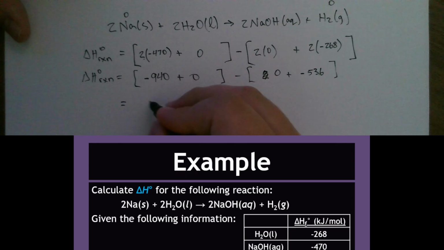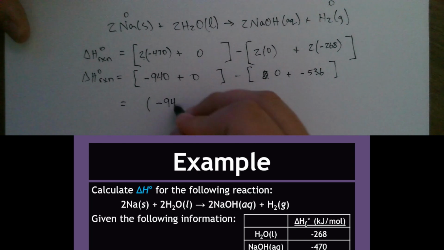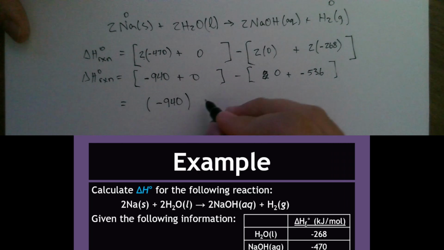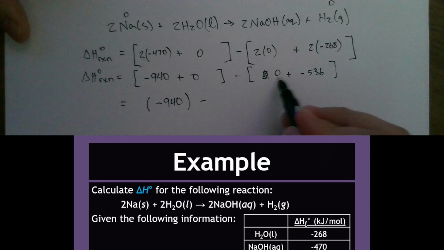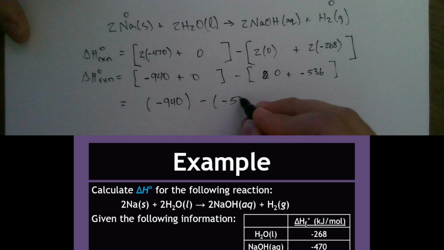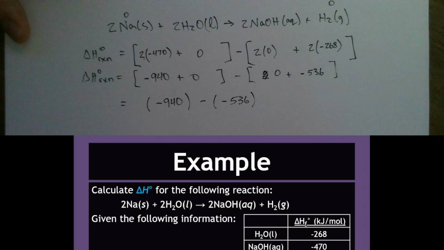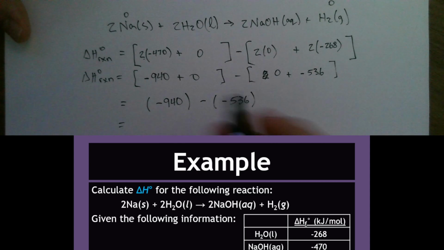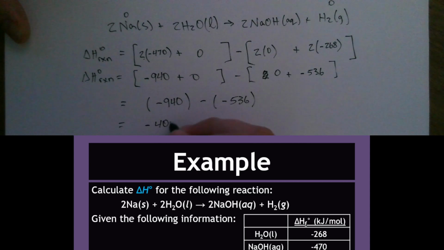Over here, this adds together to equal negative 940. This adds together 0 plus negative 536, which is negative 536. So a bunch of negatives here, which is why it can get confusing. This is negative 940 minus negative 536, which is really just plus 536, equals negative 404 kilojoules.